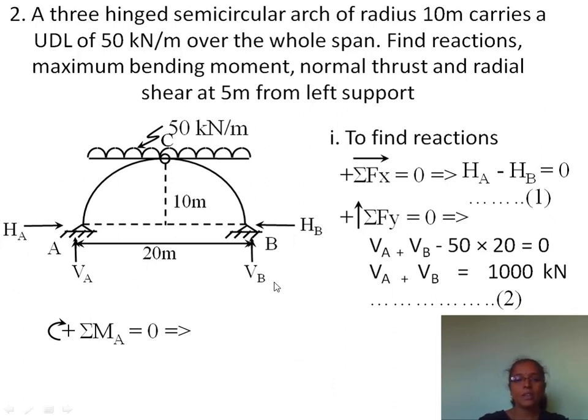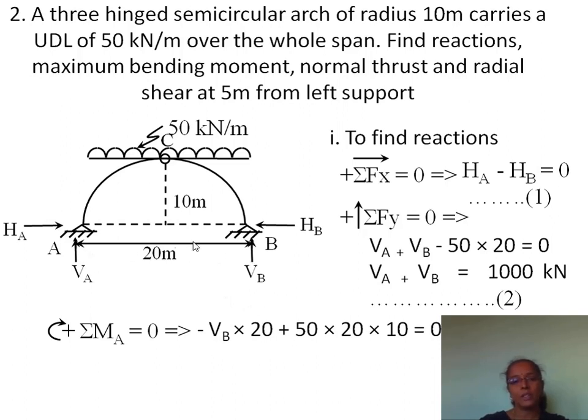So next we are left with VB and the UDL. Let us take the moment now. Minus VB into 20, minus because this VB is inducing anticlockwise moment about A, therefore minus VB into 20 meters.